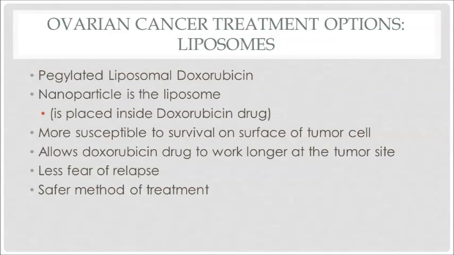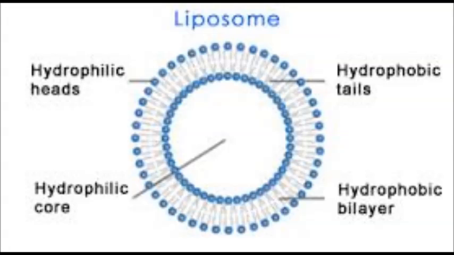Ovarian cancer treatment option number 2 is in the form of liposomes, and the drug is called pegylated liposomal doxorubicin. The nanoparticle that is used in this drug is the liposome, and it's usually placed inside of the chemotherapeutic drug doxorubicin.